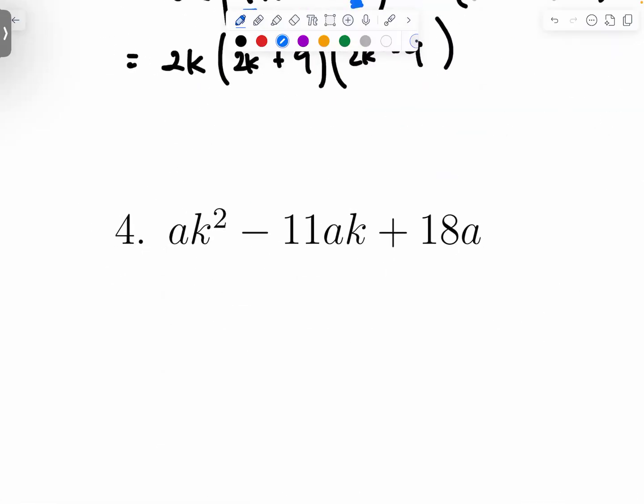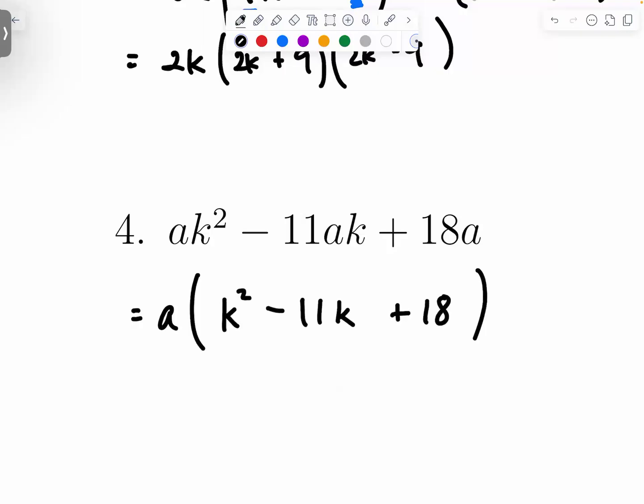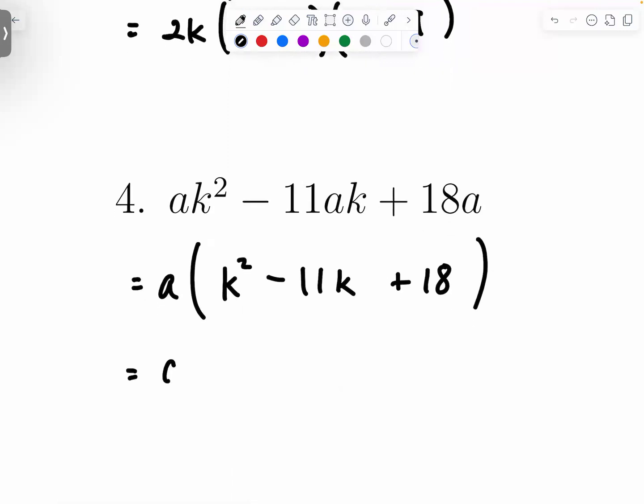All right, let's take a look at this. What's common? Ooh, I can see a for all the terms. So after factoring out the a, I've got this. What kind of information do we know? Well, it's going to be k and k. That's how we get k squared.